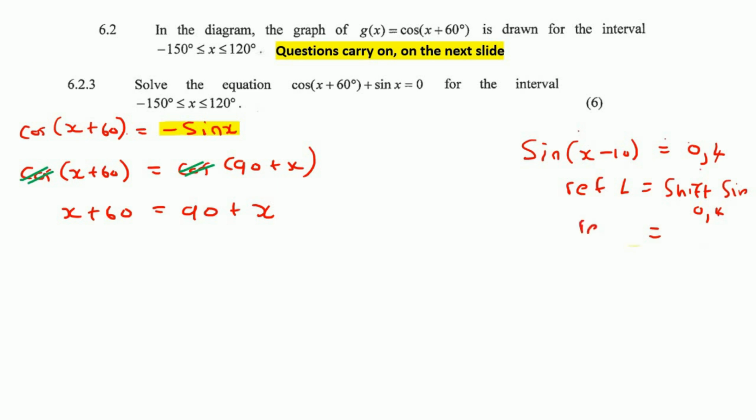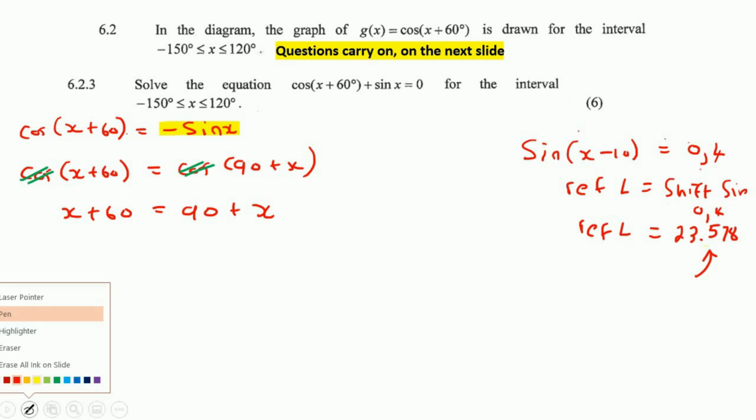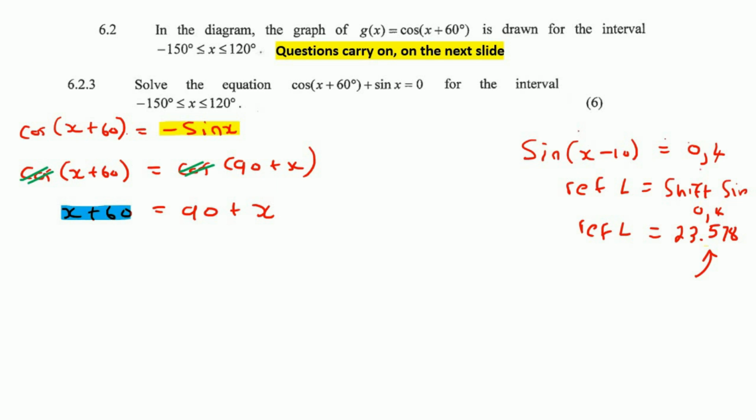So you would normally get your reference angle as about 23.578. Then you would use the reference angle, and then you would go to the quadrants. So what we do now is we use this one as that part, let me show you with a highlighter, and we'll use this one as the reference angle.